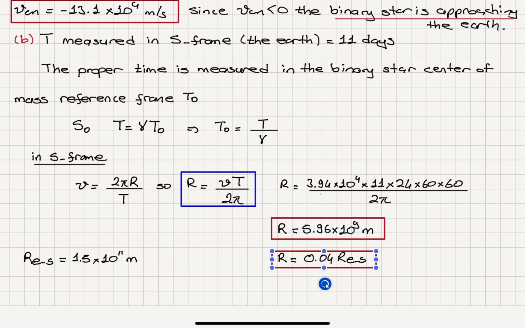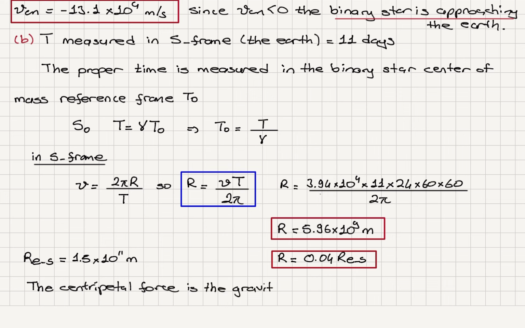Okay. Now, why do we have this uniform circular motion? Because we have the centripetal force. So I can note that the centripetal force, which keeps the trajectory of the binary star along this circular orbit, is the gravitational force between them.